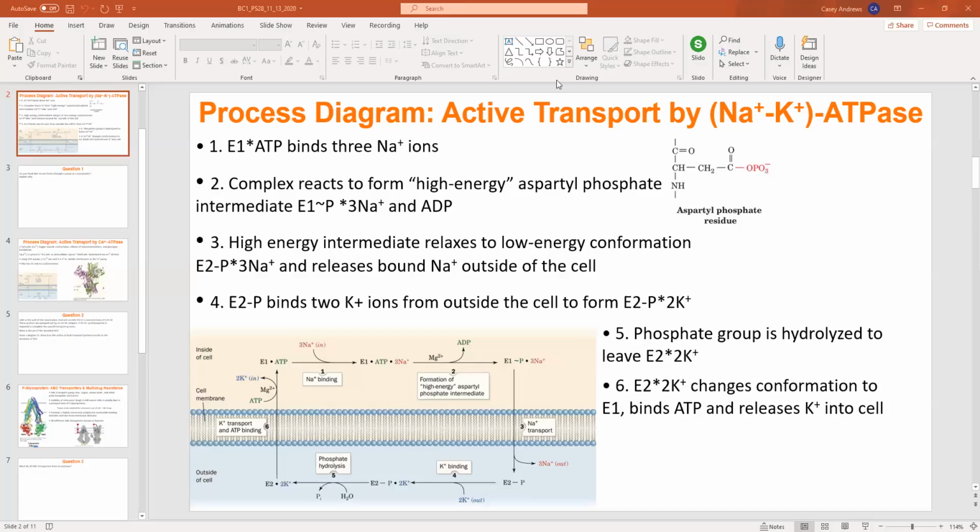So the question is, why is that potassium being pumped into the cell? If we go back a couple steps, right? In the E2 form, you have phosphate bound, and that's a stable conformation.